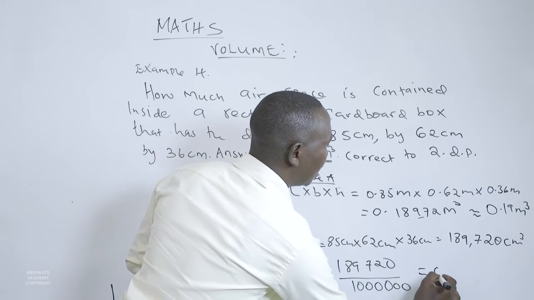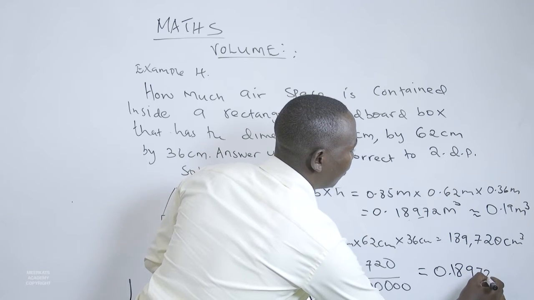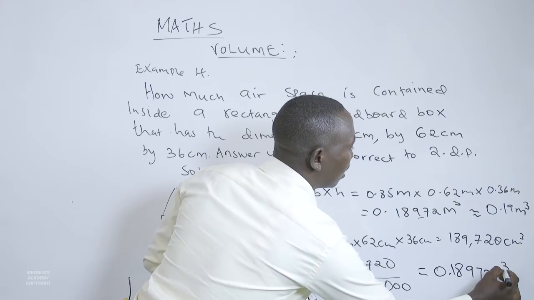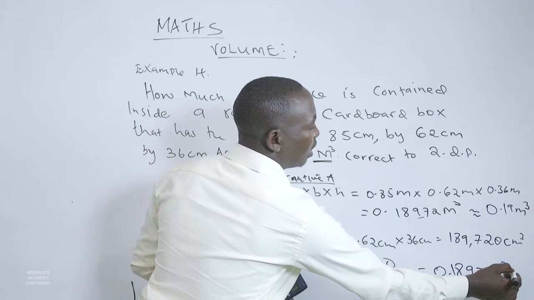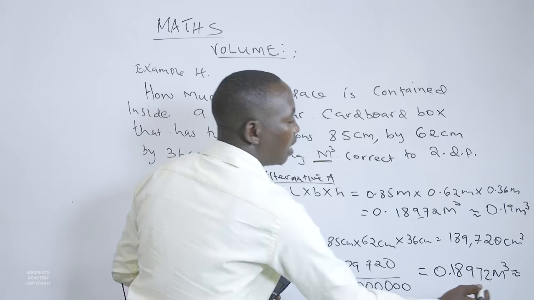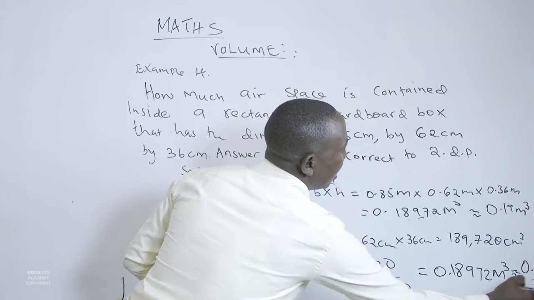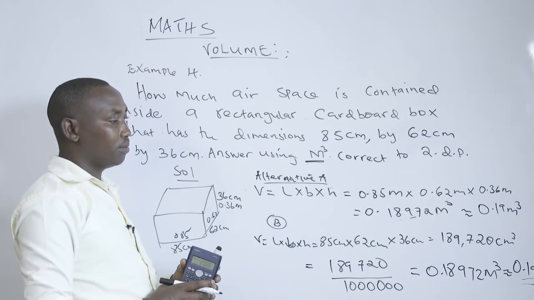So 189,720 divided by 1 million will still give us 0.18972 cubic meters. And because the question wants us to round off to 2 decimal places, this again shall be 0.19 cubic meters.